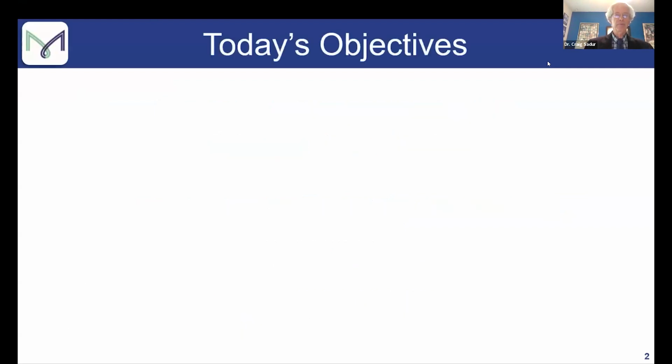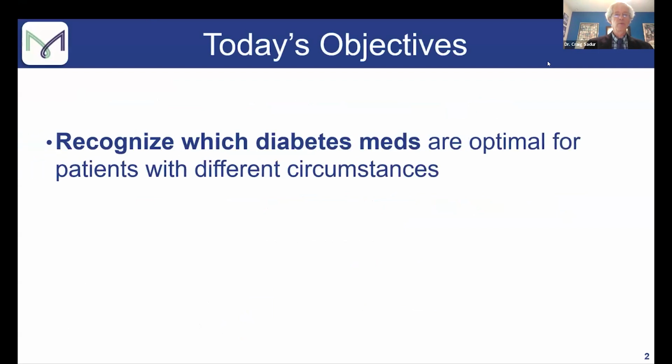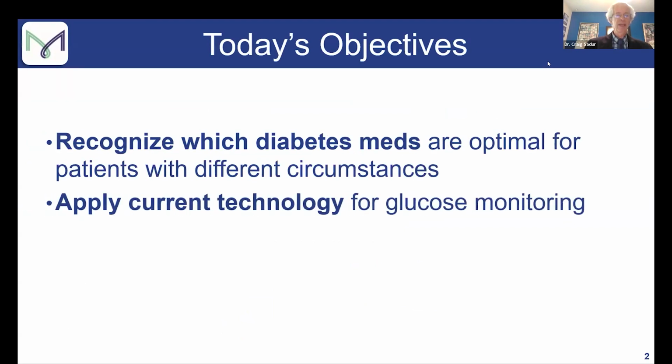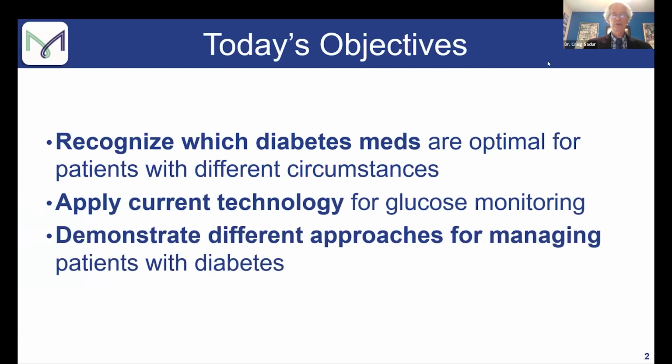So today's objectives are to recognize which diabetes medications are optimal for patients who present with different circumstances, to apply the current technology that has changed so much for glucose monitoring, and to demonstrate different approaches for managing patients who have diabetes.